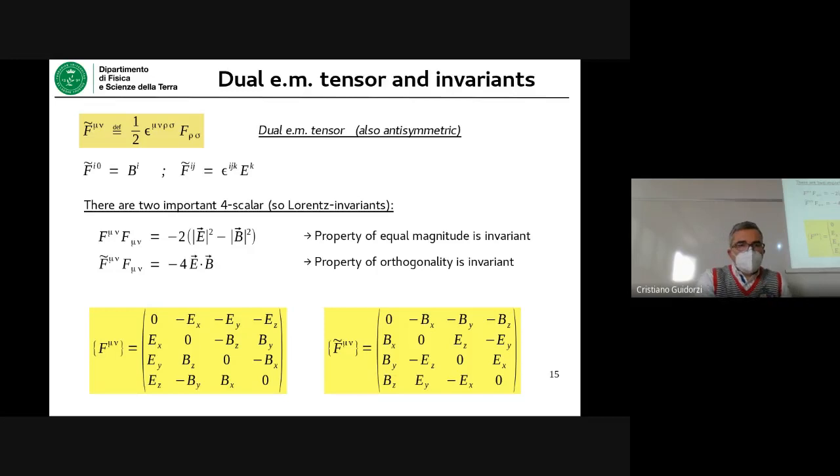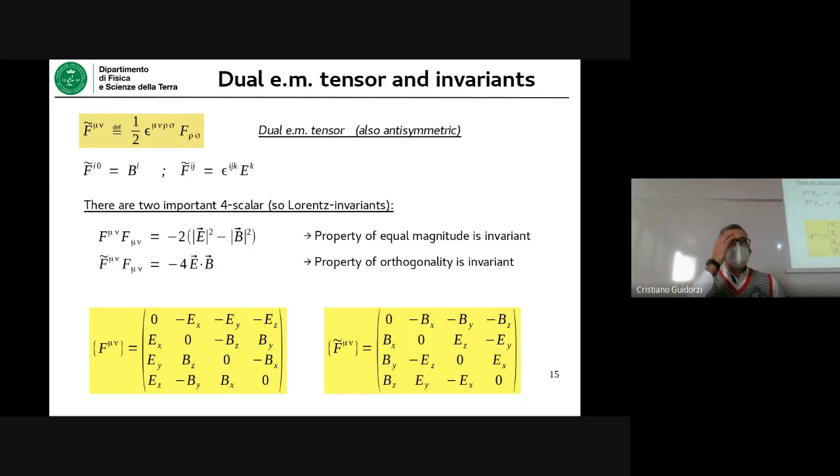But you see, one of the most important consequences of this, you can immediately appreciate, is that special relativity is telling us that the magnetic field and electric field are not two separate entities.